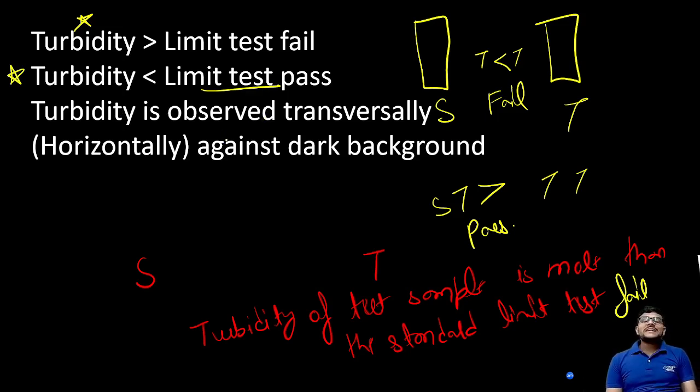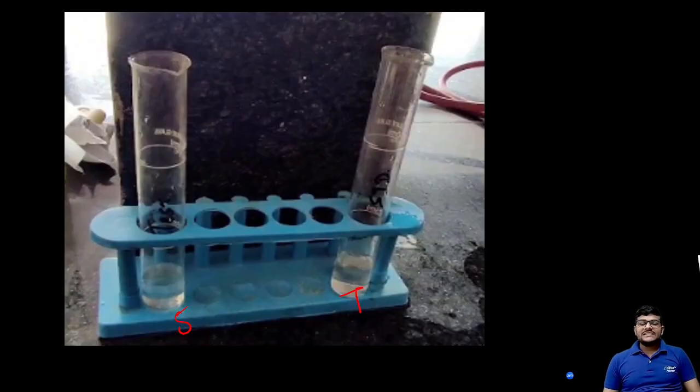So how can we check the turbidity? Just by doing this, is it possible? No, there is a proper procedure to see whether the limit test passes or fails. We take the test and standard samples, and you can see that I am using a dark background. This is the Nessler cylinder that has the standard concentration, the standard limit test, and this is the test sample.